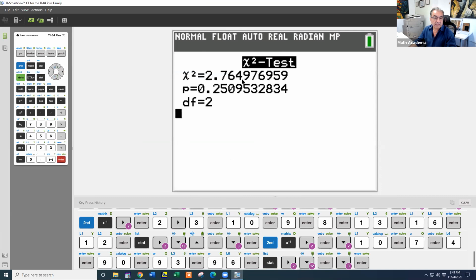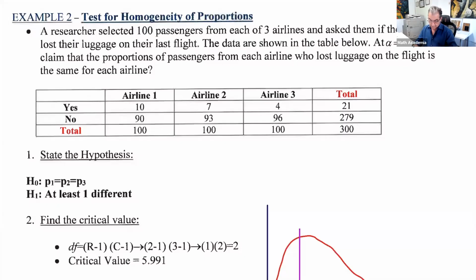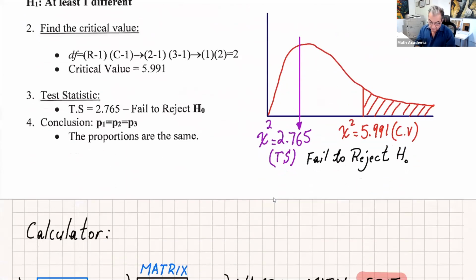2.7649, which is 2.765, same way. And of course, P, we know it's the P value. Let me exit here and let's make the conclusion. So we found our critical value to be 5.991 and the chi-square is 2.765.